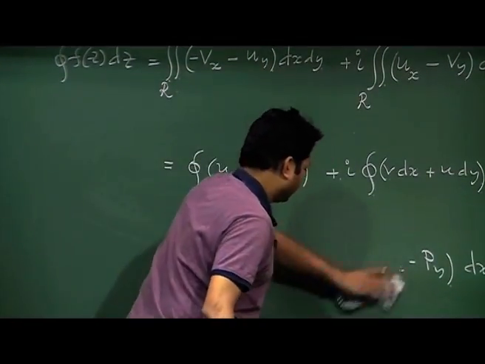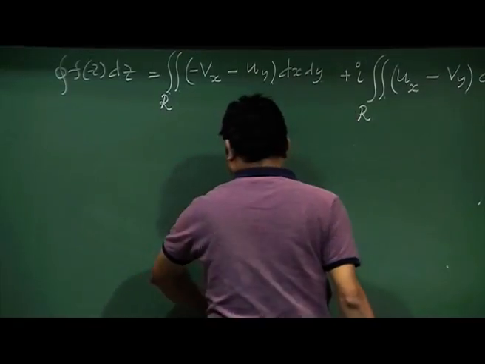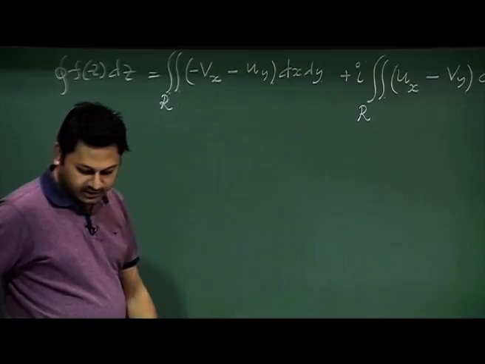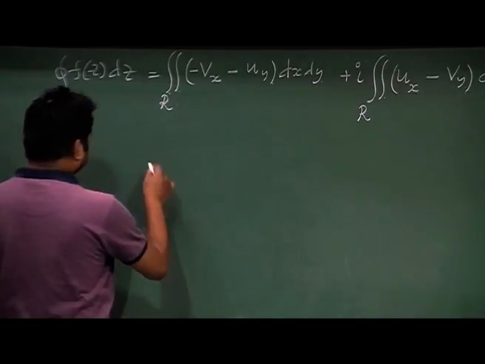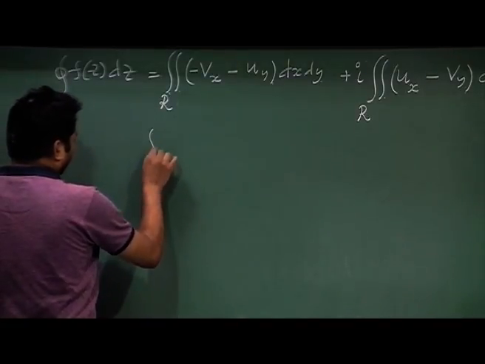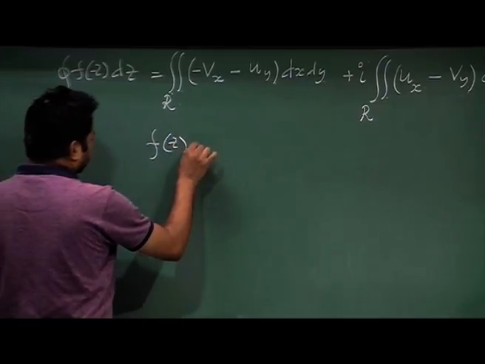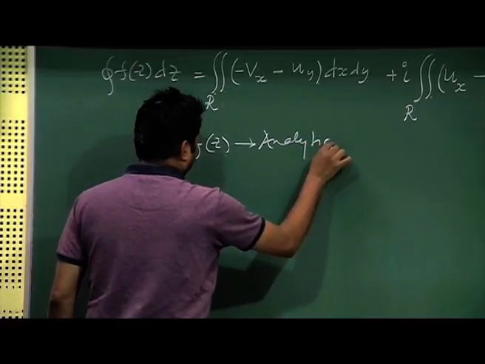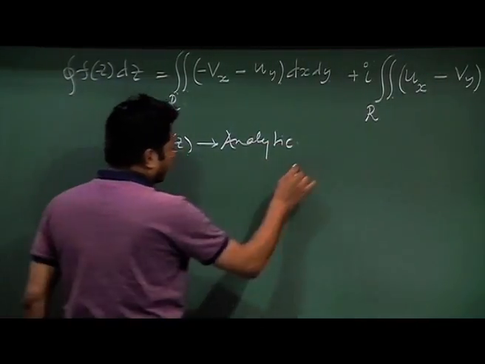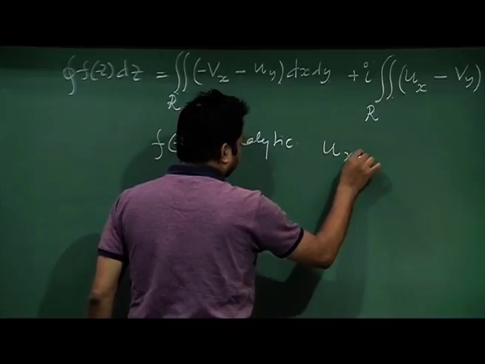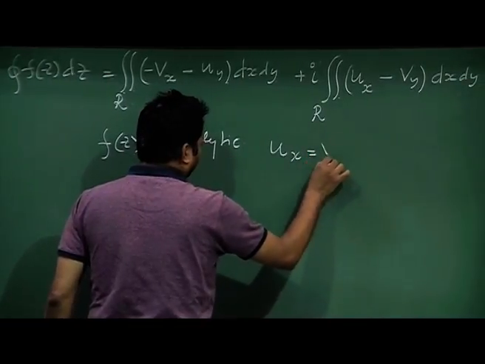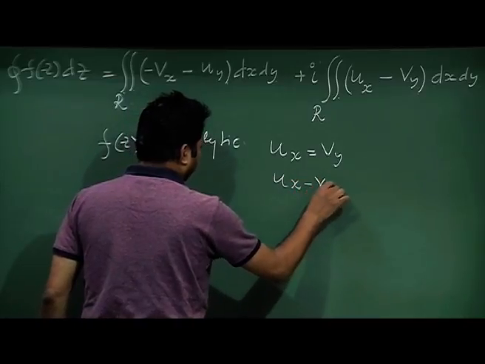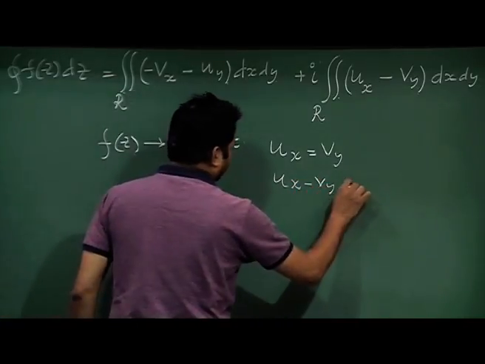So now I know that my function is analytic. So now you can understand, if my function f(z) is analytic, that eventually means that I have this relation u_x is equal to v_y, or u_x minus v_y is equal to 0.